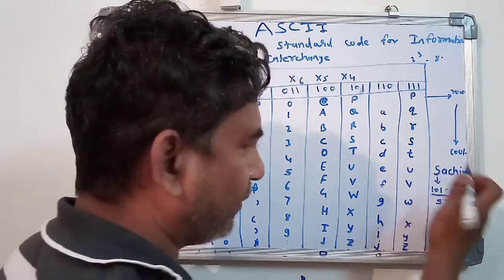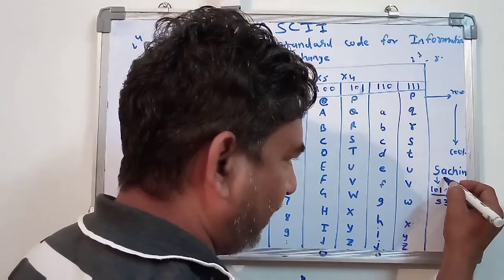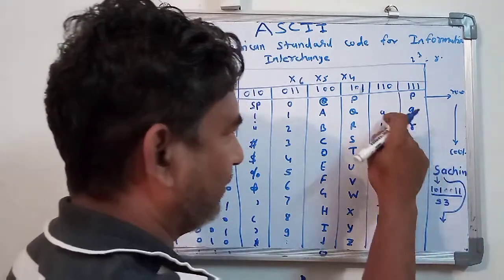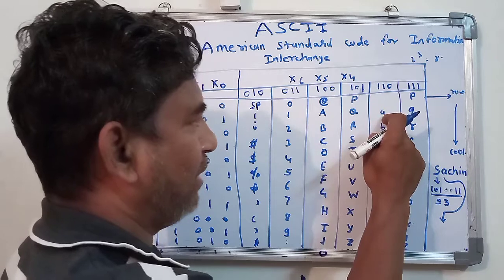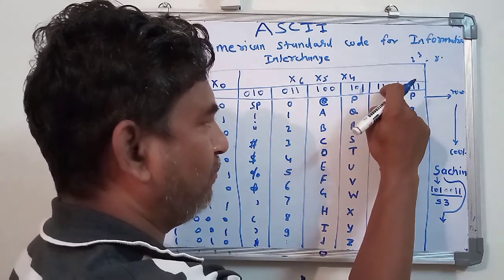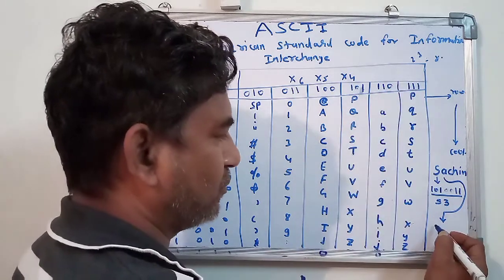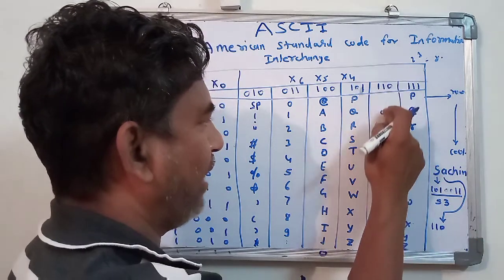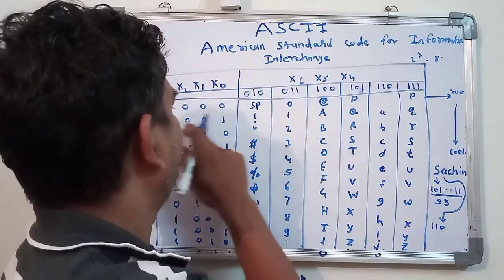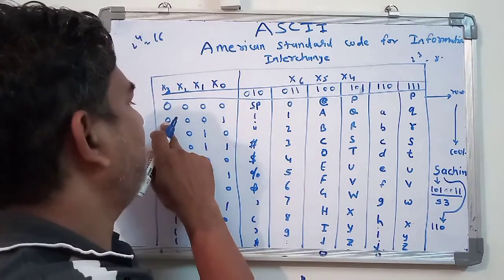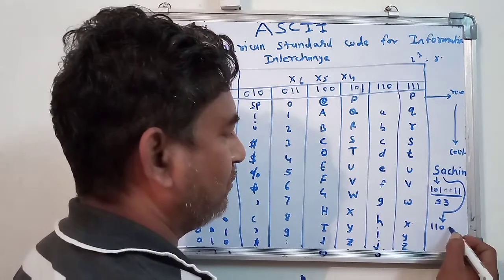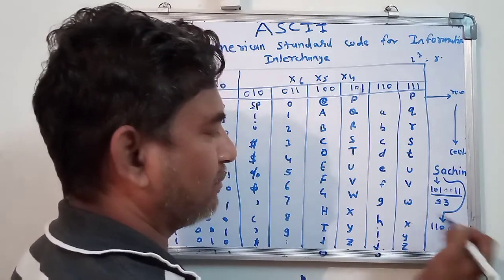Then a small a. For the small a, the column is 110, the first 3 bits, and then the row corresponding to that is 0001. You have to write down 0001.